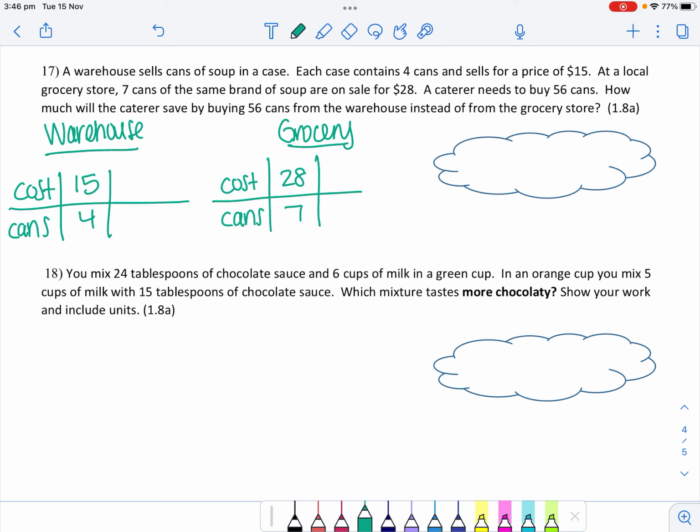A caterer needs to buy 56 cans. So I'm going to put 56 cans in each of my tables. And then I'm going to get to that 56. So times 14. So 15 times 14 is 210. And then here times 8, times 8.